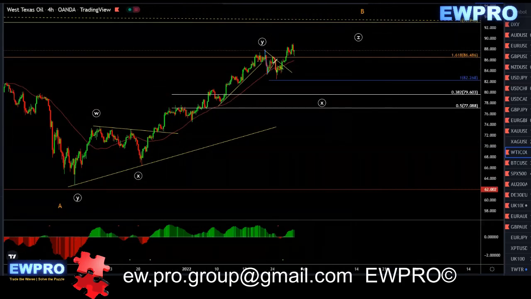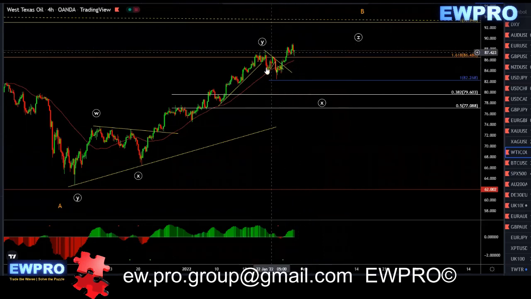I don't like it because we got nice red down here, so I'm not really looking at that as an impulse, but it is possible that you get an A, B, C as a running or expanding flat before you get another one up.